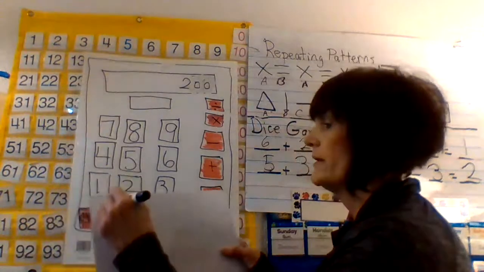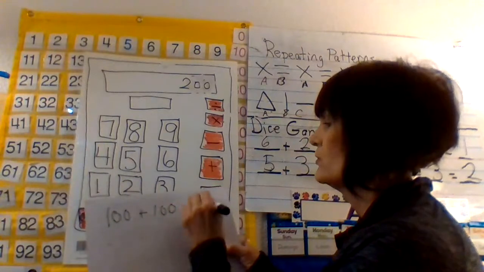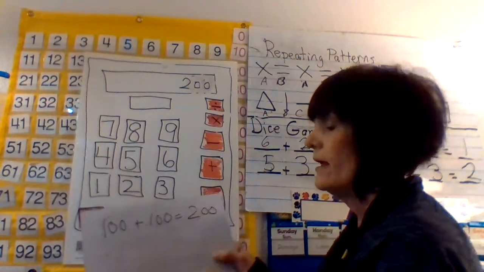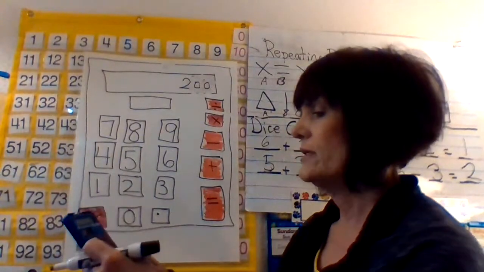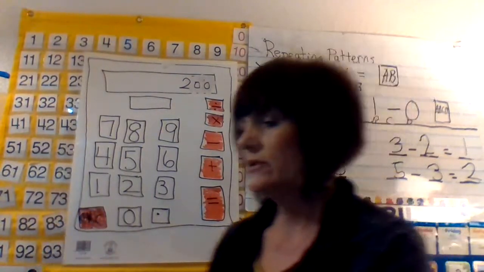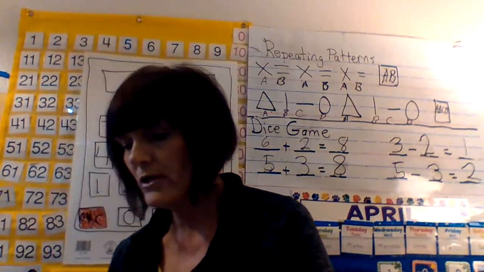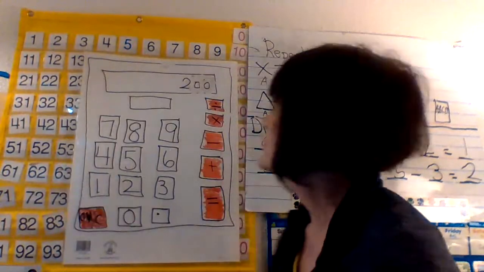So we did 100 plus 100. That equals 200. And then I'm going to push equal. 100 plus 100 equals 200, and if I push equal, it will go to 300.